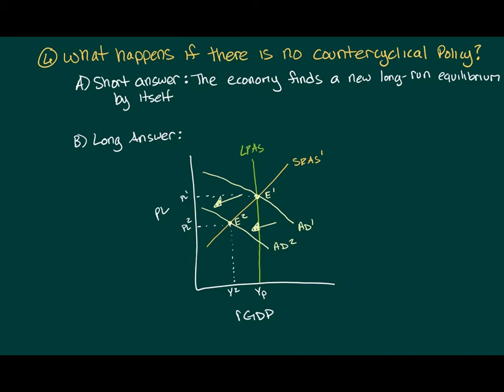When we move back to long-run equilibrium, provided the government doesn't intervene here, we're actually going to see nominal wages fall to keep in line with the reduction of prices that we saw in our shift from equilibrium point 1 to equilibrium point 2. And when those nominal wages fall, yes, it's going to make the workers really sad, but it's going to make producers, who we really care about for this particular part of the question, really happy, because remember, nominal wages is one of the determinants of the short-run aggregate supply curve.